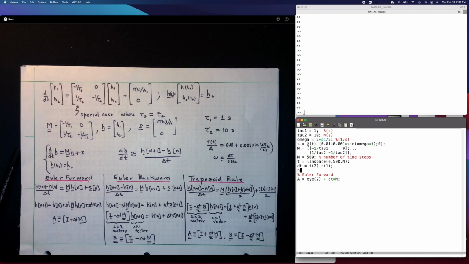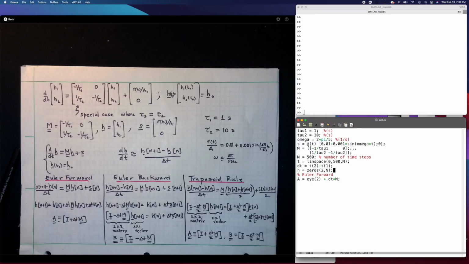So h is zeros 2 by n. Each column of h will correspond to the state at a particular time, so the different columns are at different times. The first row will be the height in the upper box. The second row will be the height of the water in the lower box, in box 2.